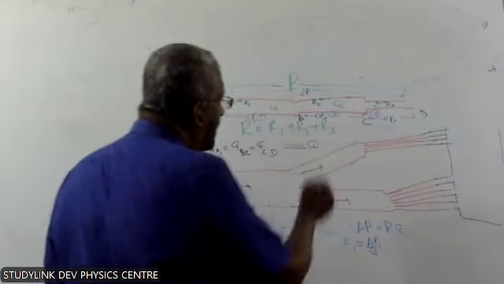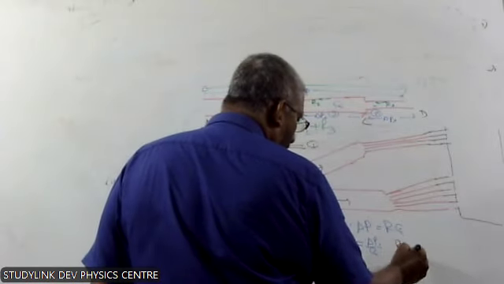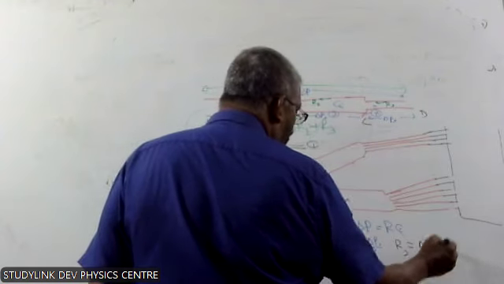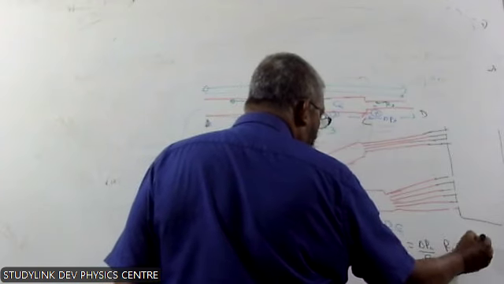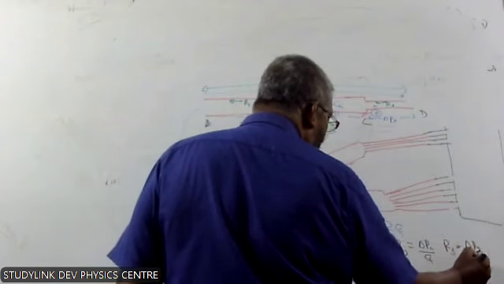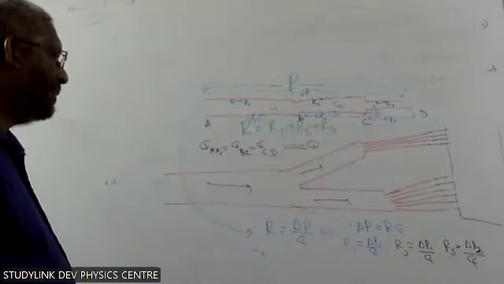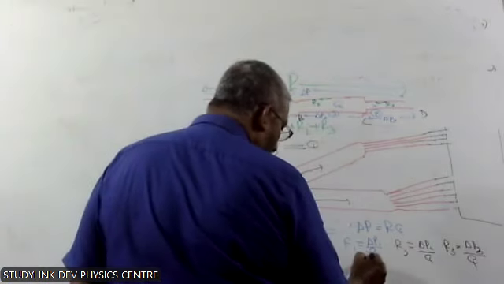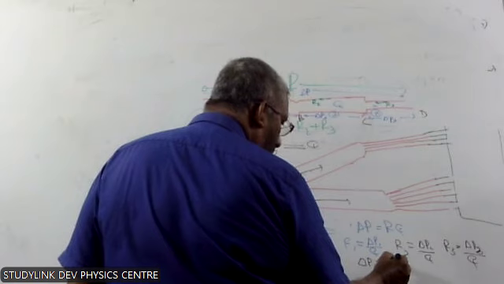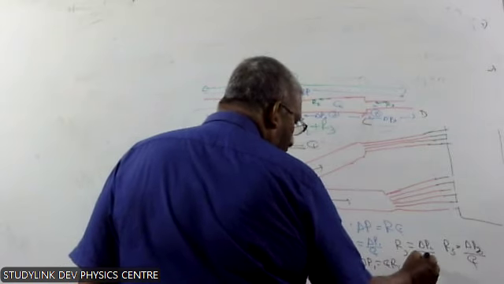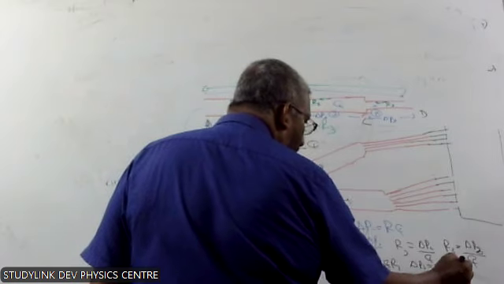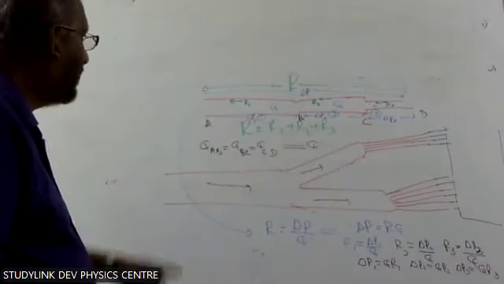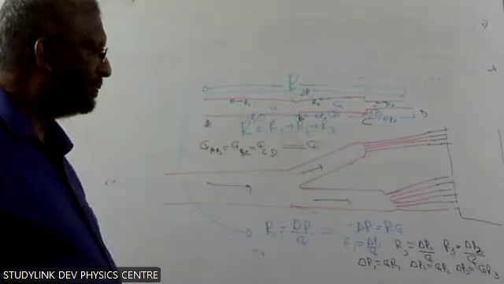Then R2 is equal to delta P2 divided by Q. R3 is equal to delta P3 divided by Q. Because all are the same value. From this we can get delta P1 is Q R1, delta P2 is Q R2, delta P3 is Q R3.